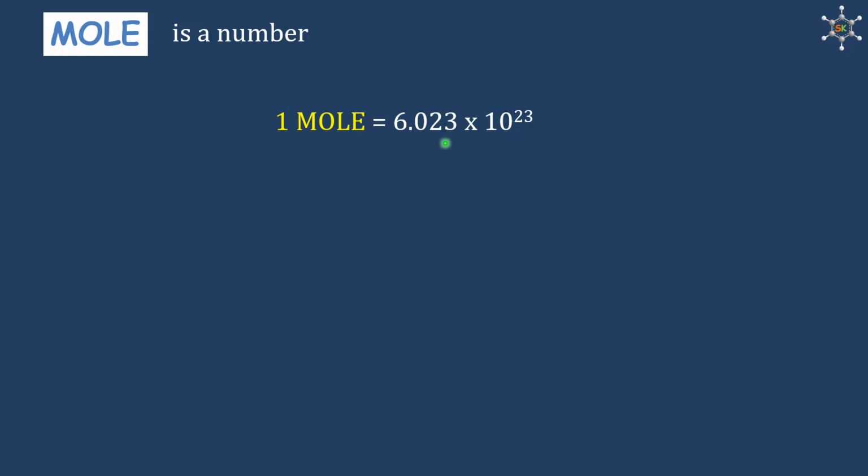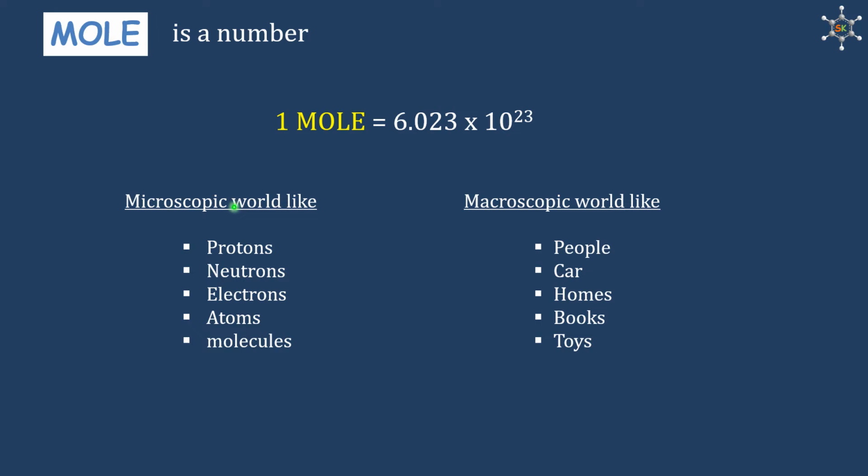This unit mole can be used to express quantities in the microscopic world as well as in the macroscopic world. Example under microscopic world: number of moles of protons, neutrons, electrons, atoms, molecules, etc. In the same manner, macroscopic world quantities can be expressed as few moles of people, cars, homes, books, toys, etc. Though the unit can be applied to both worlds, practically it makes sense to use mole only for the microscopic world.